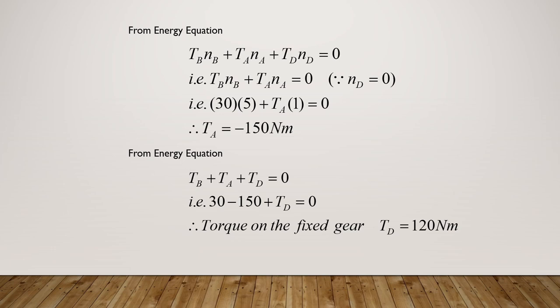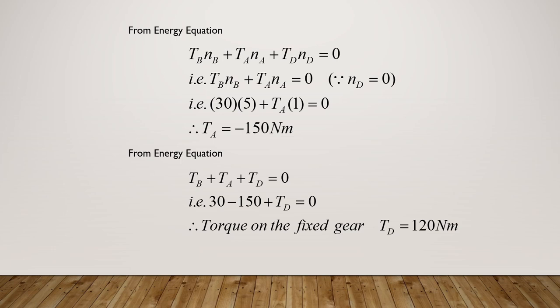This is how you write the relation for the torque. Substitute the values. TB and NB are given in the problem, NA is given, and TA we have to calculate.